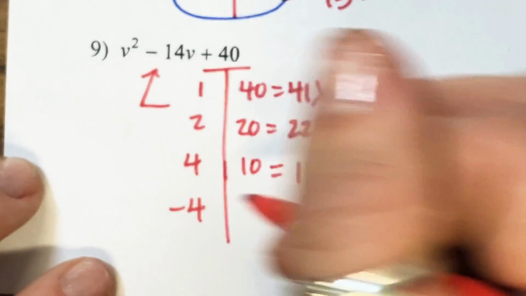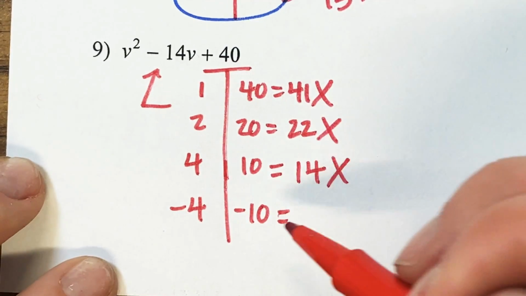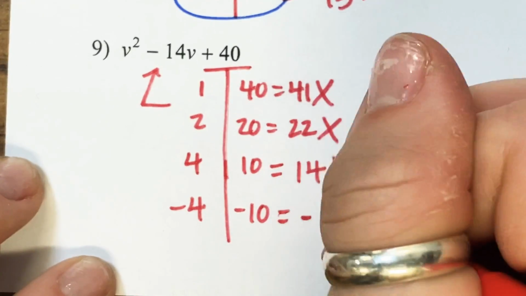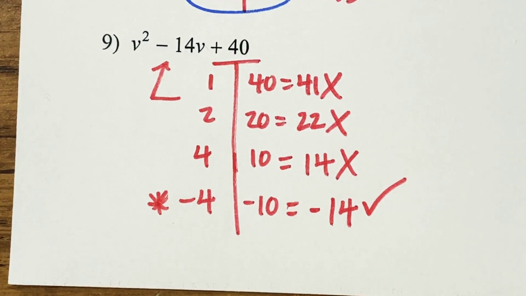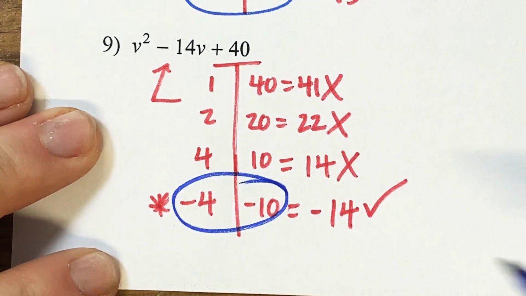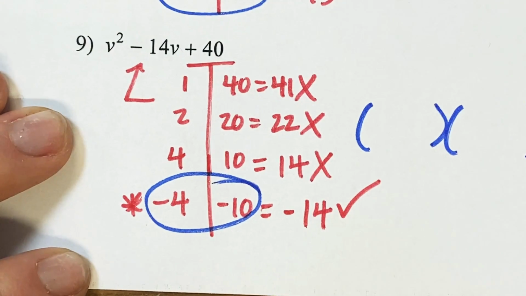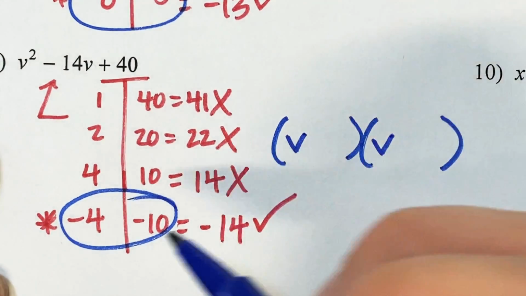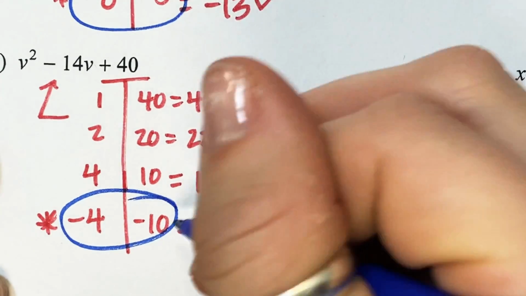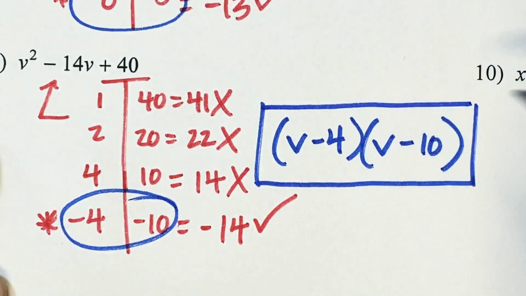A negative times a negative equals a positive, but then it can add to give us negative 14. Okay, that's our special rule. We got to remember that. A negative times a negative equals a positive. Okay, so we found our two numbers that add to negative 14. So we can do our parentheses sets, v and v, negative 4 and negative 10. And there's our answer.